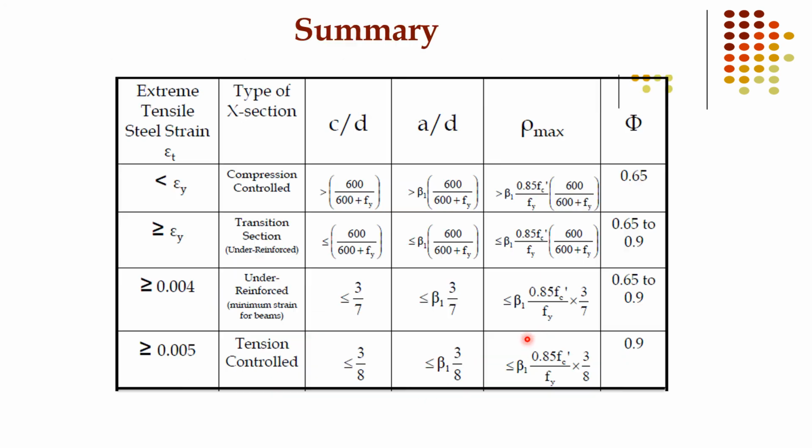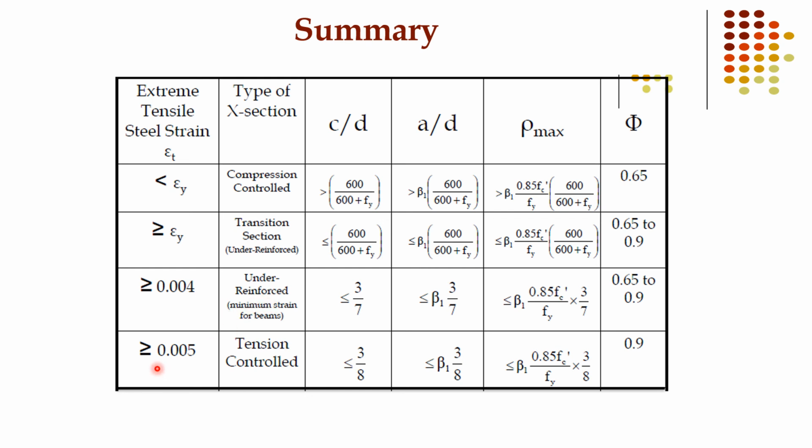Okay, this is a summary of all the discussion. For the extreme tensile strain, if it is less than yield, that is compression-controlled failure. If it is greater than or equal to yield, then that will be transition. If this value is greater than or equal to 0.004, that is under-reinforced but transition.